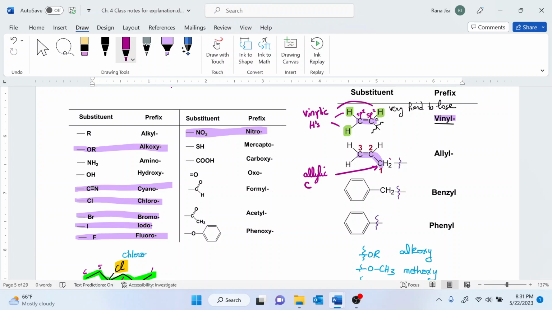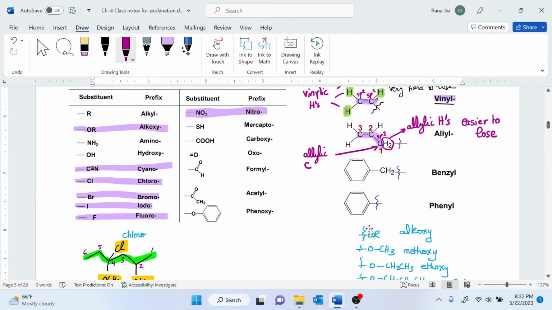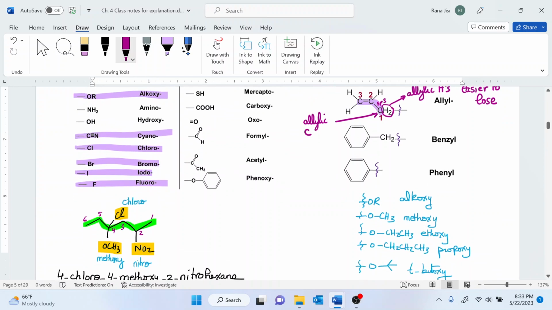Now the allylic carbon has hydrogens in there, and these hydrogens, we're going to call them allylic hydrogens. These hydrogens are very easy to lose because they belong to an sp3 hybrid carbon. If you have a benzene connected to a CH2, we call that a benzyl. If you have just a benzene, we call it a phenyl group.